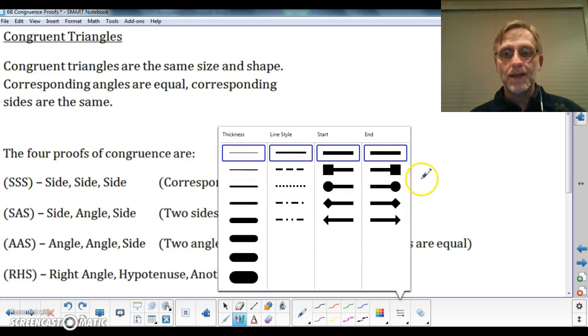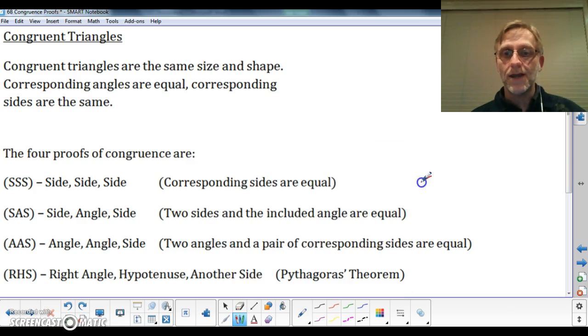The first one is a side-side-side triangle. So I try to think of triangles that look exactly the same. And remember, I'm a rubbish drawer, so these are not going to look exactly the same. But the idea is that the bottom sides should be the same, the left-hand sides should be the same, and the right-hand sides should be the same.